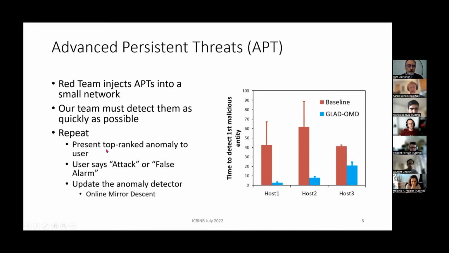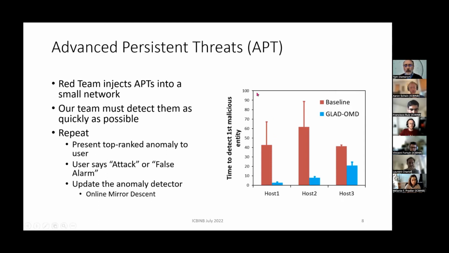In particular, my colleague Alan Fern and his graduate student Amran Siddiqui developed a technique based on taking the isolation forest algorithm, which I'll describe in a moment, and modifying it to update using online mirror descent, which is one of these online convex optimization algorithms that is a very quick learning algorithm.